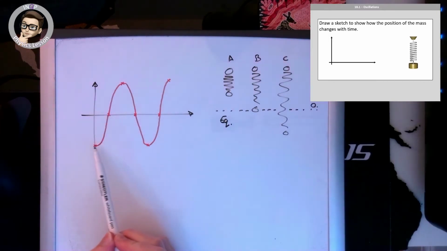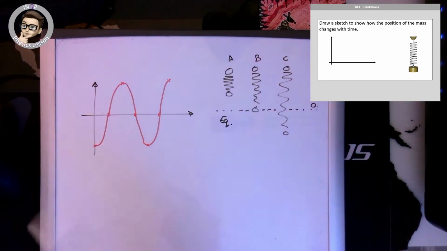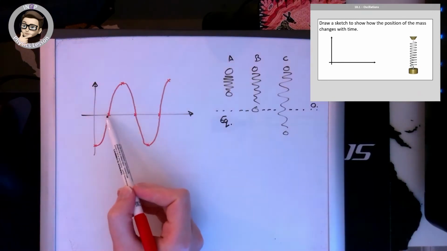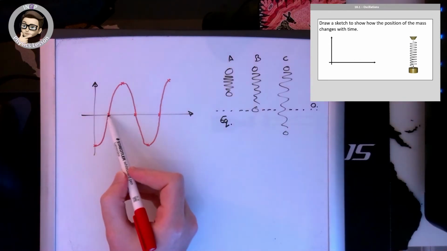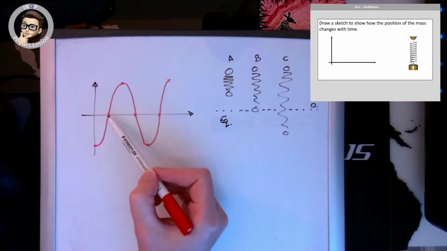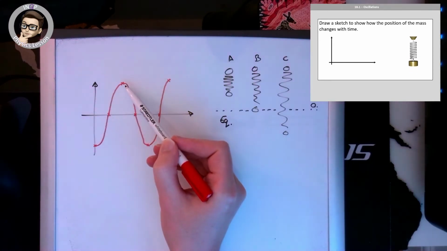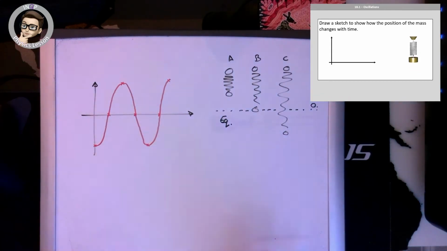In this case, I've started at the negative point because I've pulled the mass downwards. If I had pushed the mass upwards, we'd have started up here. And if we'd put the mass on and started at the equilibrium point and given a small displacement, we'd have started somewhere around here. So we are seeing that it's accelerating at one point, then decelerating to zero, the turning point, back through, and then carrying on all the way across.